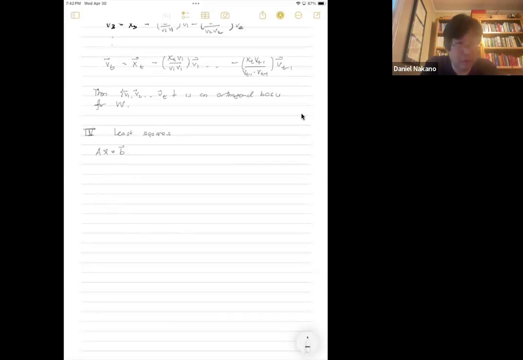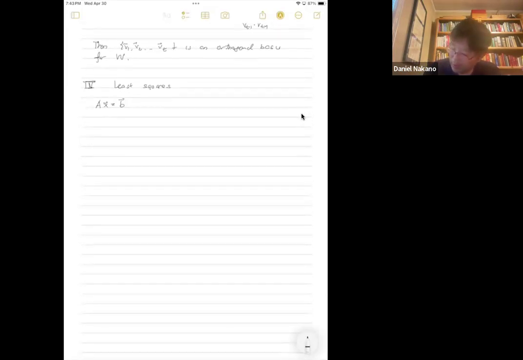Sometimes we don't have any solution, but we can ask: is there a best possible solution? If I look at the column space of A, these are the things of the form Ax. Let's say b is not in the column space. Then it sits outside, and there's no x for which Ax is actually equal to b. But we can try to minimize the distance from b to the column space.